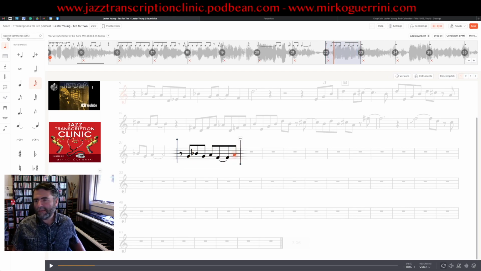And there is a grace note here, which is G sharp, and yeah.